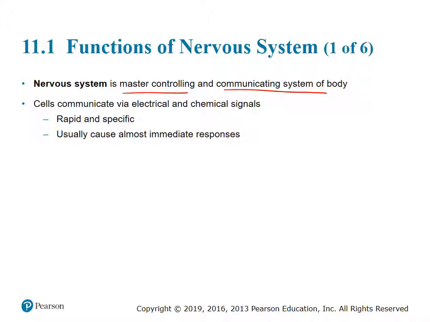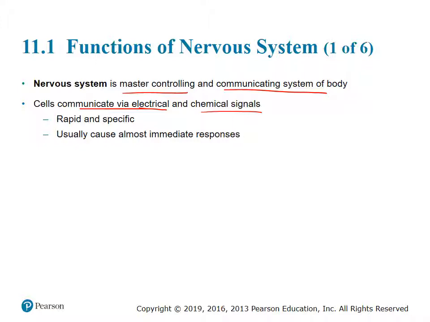We do this in two ways, right? We've seen that the nervous system has electricity, it can generate electrical energy. We've also seen, especially in the muscle tissue, that the nervous system sends a signal out through a chemical, or chemicals.